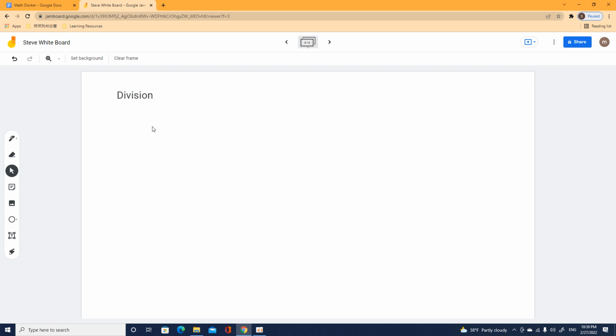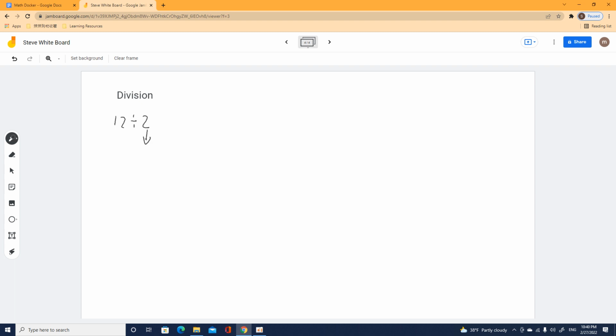What does it mean? For example, if we do 12 divide 2, this is the division, but you can transfer this division into a multiplication.